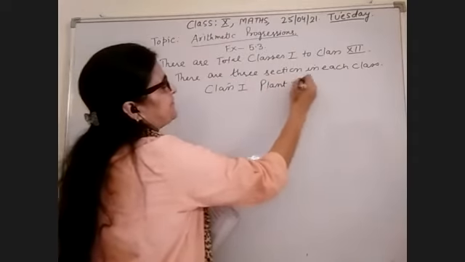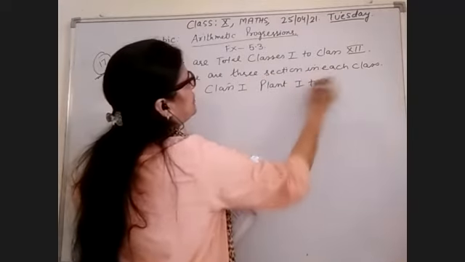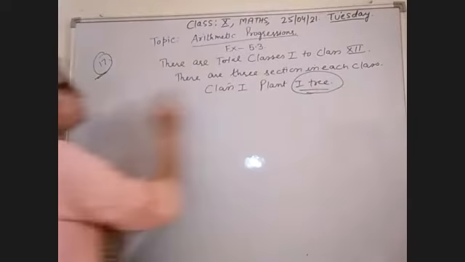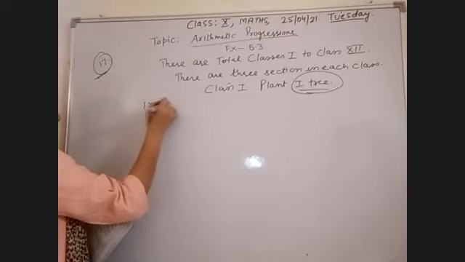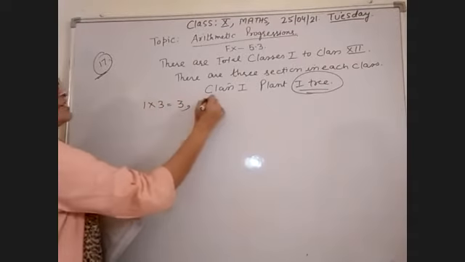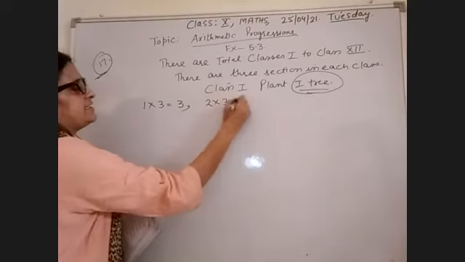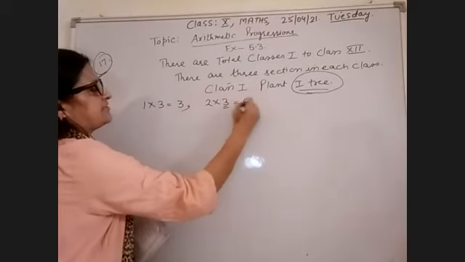So the number of trees planted by class 1 is 1 into 3, that is equal to 3. Class 2 plants 2 per section, there are 3 sections, so it is equal to 6.